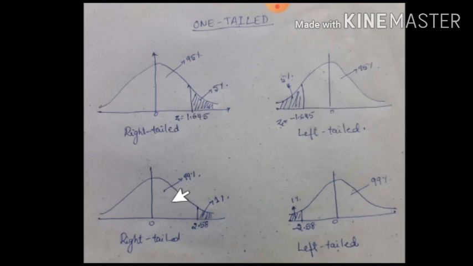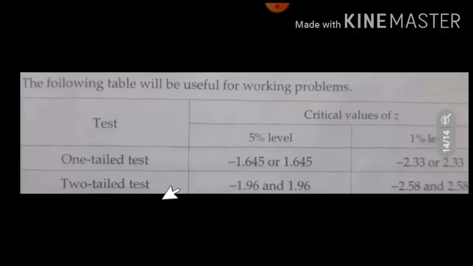In the same way for 1% level of significance, right one-tailed of 1%: observe that the confidence coefficient varies. It is plus 2.33 for the right one-tailed, and if I am taking left one-tailed, it is minus 2.33 for 1% level of significance. For convenience, remember the table they have given of the critical Z values for 5% and 1% for one-tailed or two-tailed.